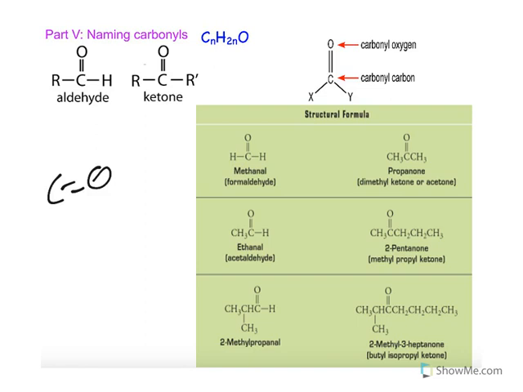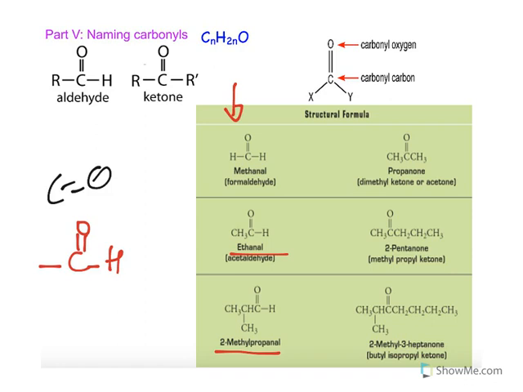So if I look at the examples given over here, I have methane, instead of -e, I have methanal, ethanal, and 2-methylpropanal. Now, the aldehyde functional group, which is the C=O with H, is given the number one numbering location.